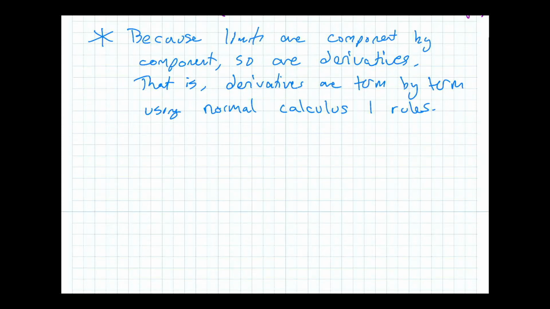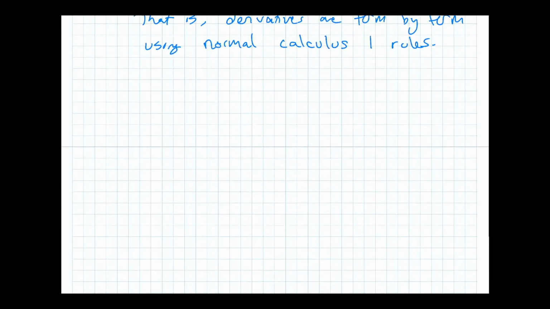Be careful though. There are some specific rules for dealing with vectors in particular. There are going to be more rules that we learn too, but this is just for the basic examples here.